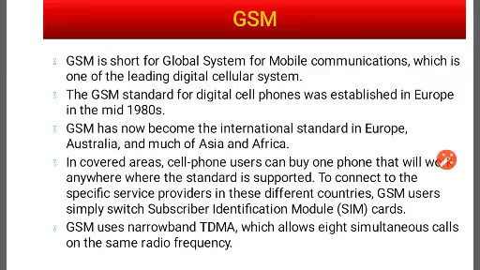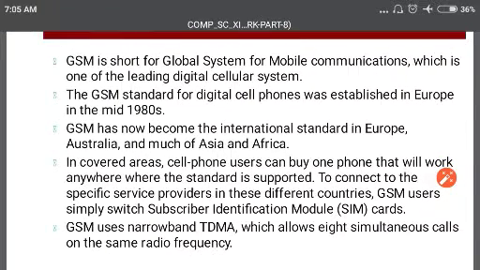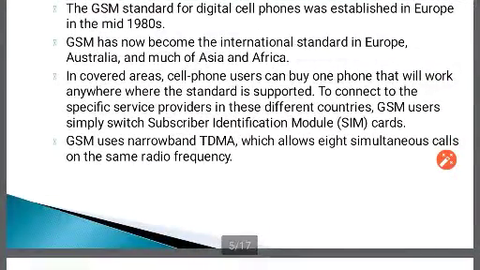Moreover, the two very important features of it are that it uses narrowband TDMA, which allows 8 simultaneous calls on the same radio frequency, so radio waves are used, and that for GSM users, SIM cards are very important. Without SIM cards, GSM technology cannot work. We will understand SIM cards in our upcoming slides.